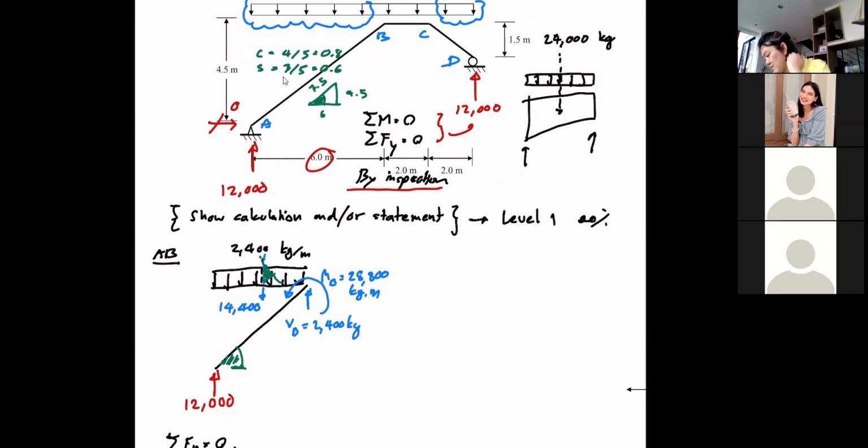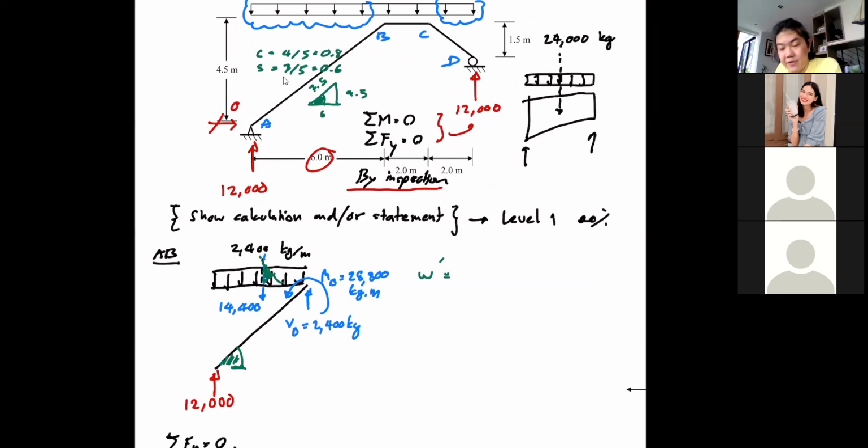member, all right? And therefore, I can say the uniform load prime, okay, will be equal to the total force.